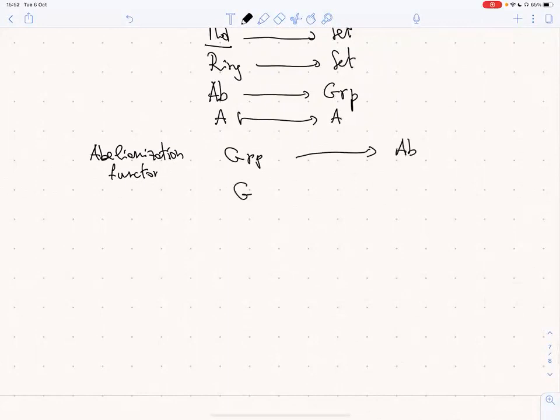It takes a group and it quotients by its commutator. Some of you might not know what the commutator is. In that case, I will make other examples of interesting functors. So just wait a second.